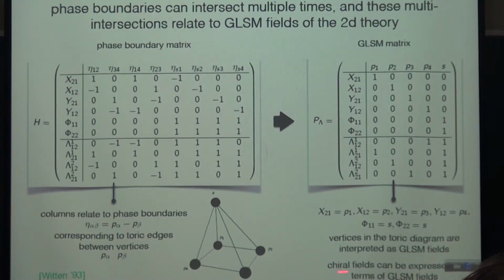I just show you this slide because the combinatorics of dealing with these phase boundaries can be used to generate gauge linear sigma model fields from the set of chiral fields. I have no time to go through this, unfortunately, but I'm just showing you this slide because there's a lot of combinatorics involved to generate the sigma model out of this 2D theory.